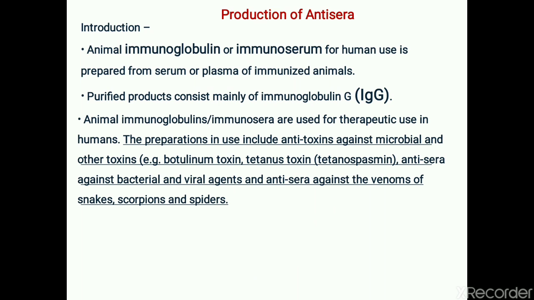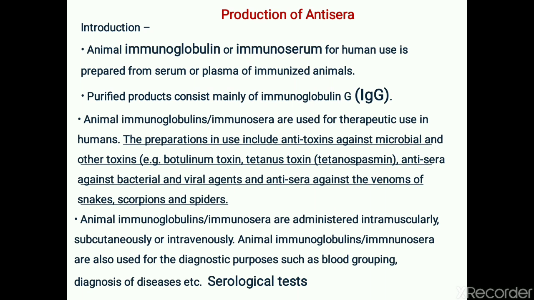Remember that the antisera against the venoms of snakes, scorpions, and spiders is called antivenins, whereas antibodies against different types of toxins is called antitoxins.